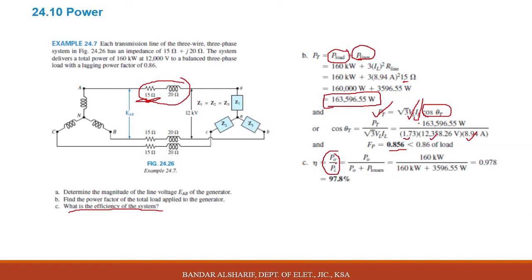The output is very clear, given in the question in the load, 160 kilowatts. The input is the output plus the losses, where the losses are consumed in the transmission line, which is 3,000 plus 160,000. Divide them, and you will get the answer 0.978. This means 97.8 percent.